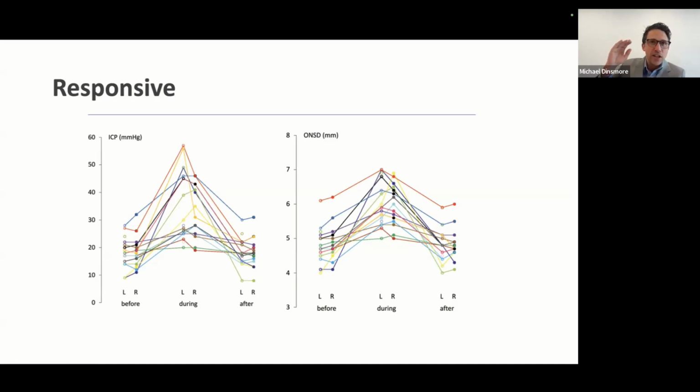As soon as they start the stimulation, the optic nerve sheath diameter increases, correlates with the ICP, and then goes back down almost instantly when they stop the endotracheal suction. So this is a dynamic process that expands and decreases almost instantaneously. Now we can use this as a dynamic measurement, and we can do repeat measurements to see how the progression of the patient is.